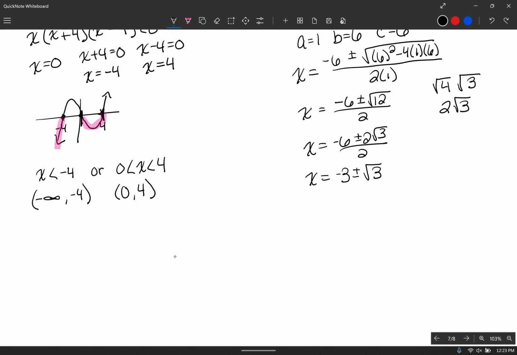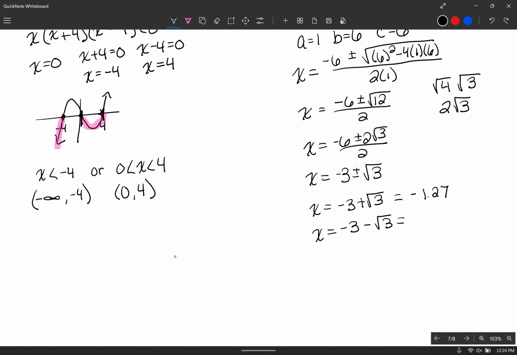Now this is kind of hard to tell where they are. I mean, you might look at this and say, oh, I don't know where negative 3 plus the square root of 3 is. So what we're going to do is put this in decimal form, just so we know where this would be on our graph. If I take negative 3 and add the square root of 3 to it, I get negative 1.27.